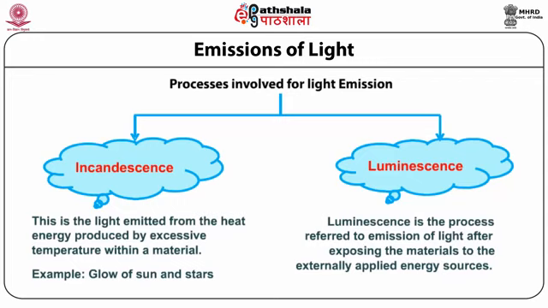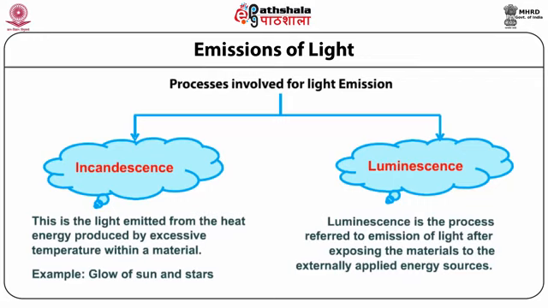There are two different kinds of processes. First is incandescence. This is the light emitted from the heat energy produced by the excessive temperature within a material. When a material is heated to a high temperature, it begins to glow, and the process is termed incandescence.